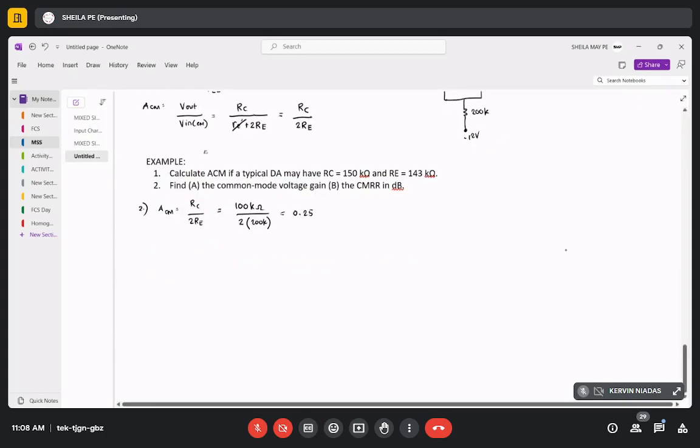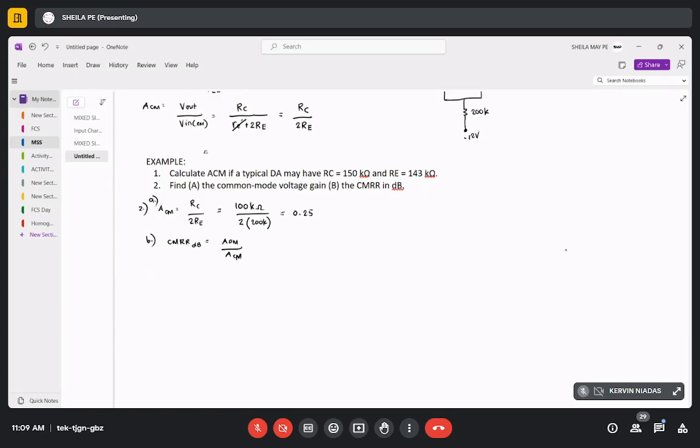Okay. Now, since we have our ACM already, we need to find the CMRR in dB. So for CMRR in dB, the formula would be ADM divided by ACM.